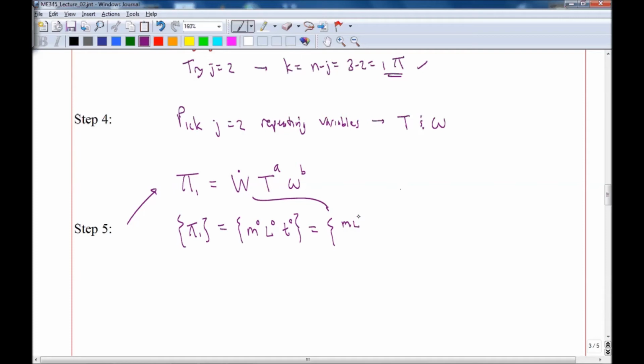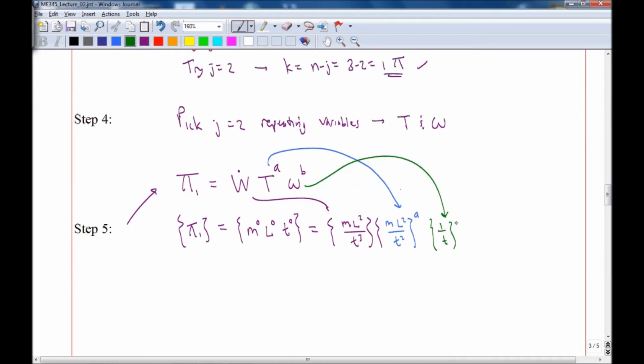So we have m L squared over T cubed for W dot. For T, torque, we have m L squared over T squared, and that's raised to the exponent a. And then for omega, the dimensions of omega are 1 over T, and that's raised to some exponent b.